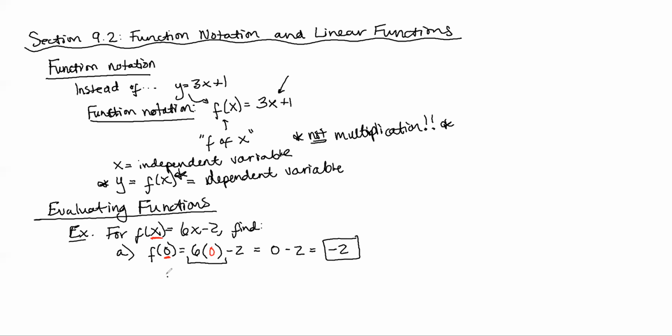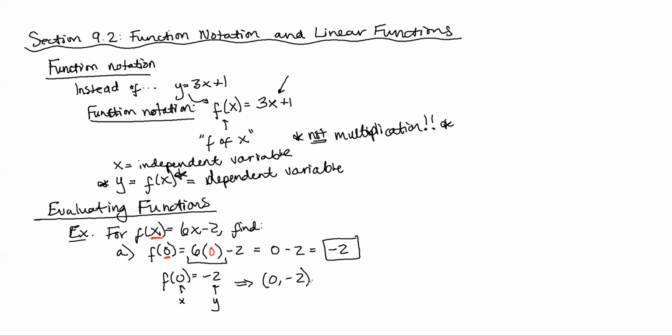So f of 0 is equal to negative 2. This is actually a point on this line. This 0 is our x, which means that this negative 2 is our f of x, which is the same thing as y. So this corresponds with the point (0, negative 2) on the line.